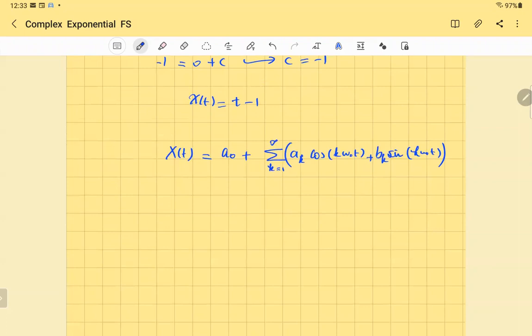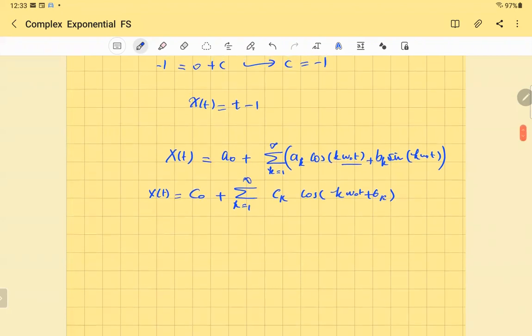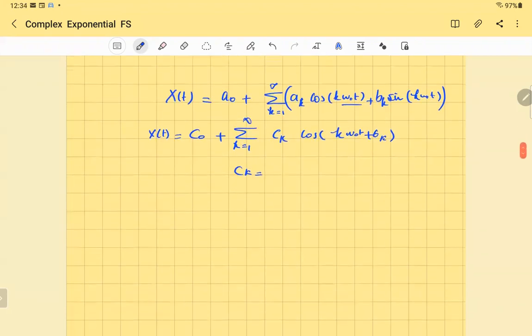And if you have it in the compact form, it would be only one cosine. So you can have it like a naught plus, no, not a naught. We use letter c, okay? C naught plus the summation of ck cosine k omega naught t, exactly like that, and then you add the shift, theta k, from k equals 1 to infinity. ck, we said that you can get it easily by the square root of ak squared plus bk squared.